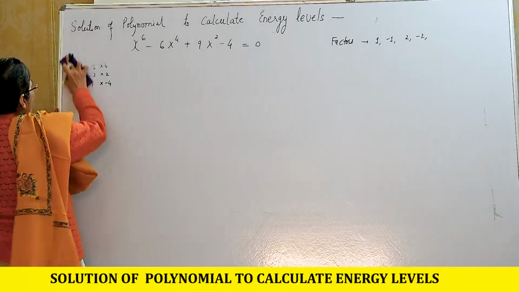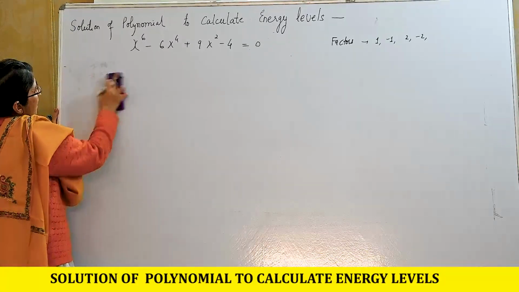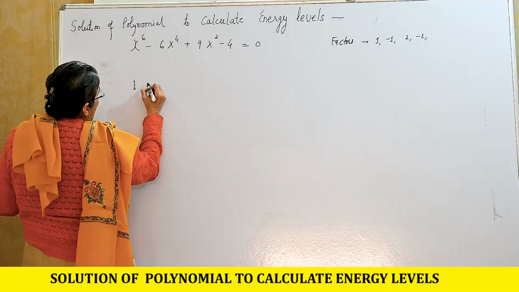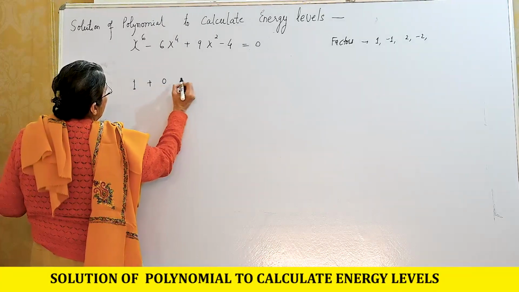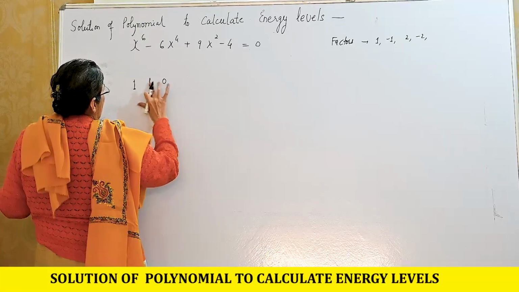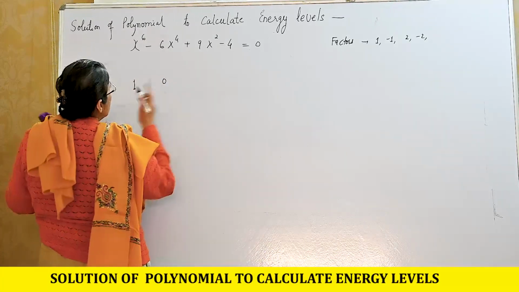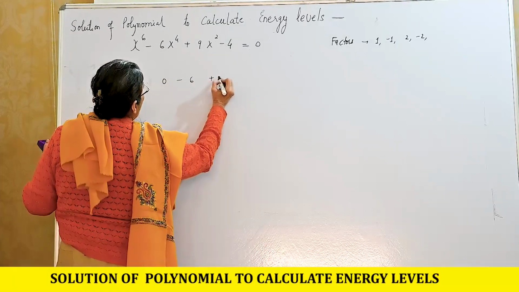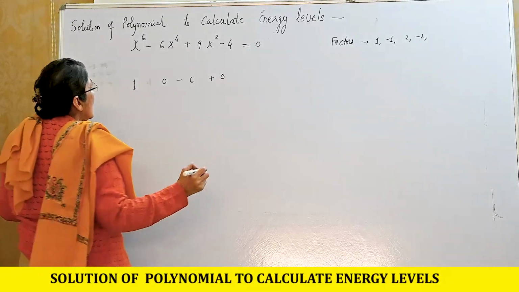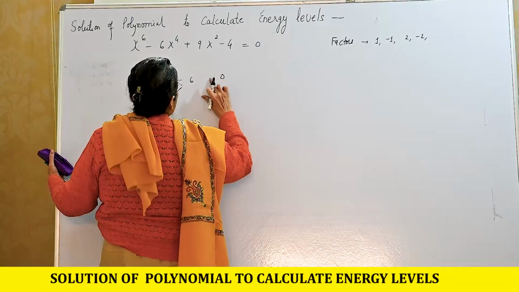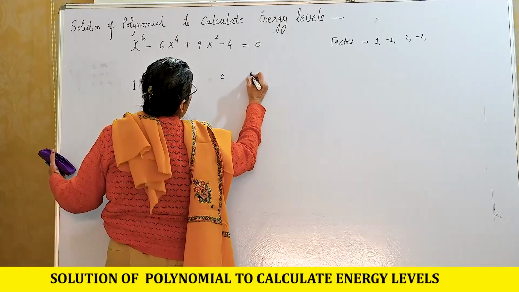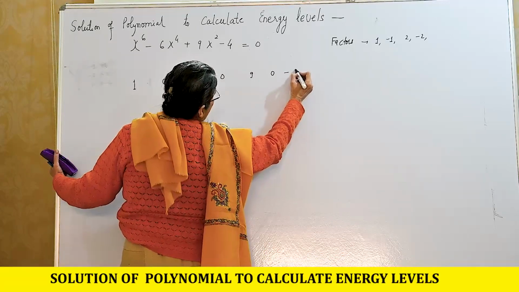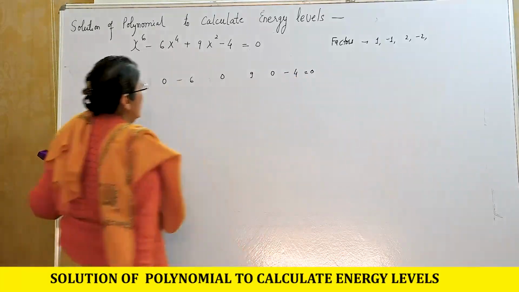First we write this polynomial and write down the coefficients with the missing ones: 1, plus 0 for x^5, then -6, and plus 0 for power 3, plus 9 for x^2, and plus 0 for x, minus 4 is equal to 0.